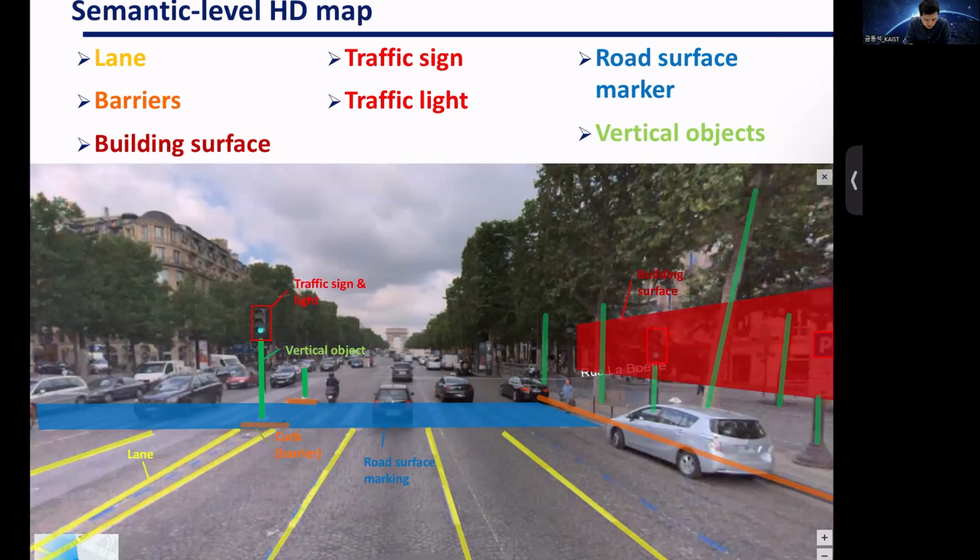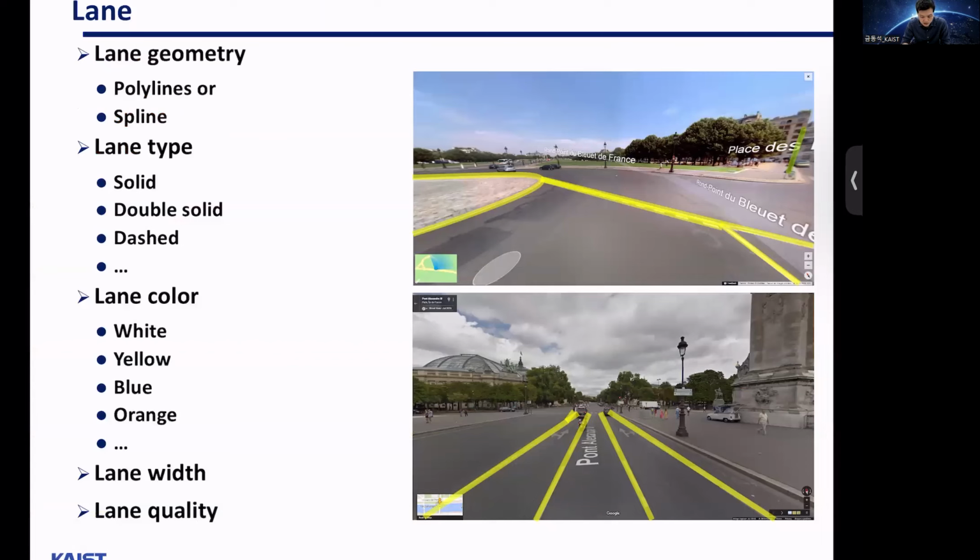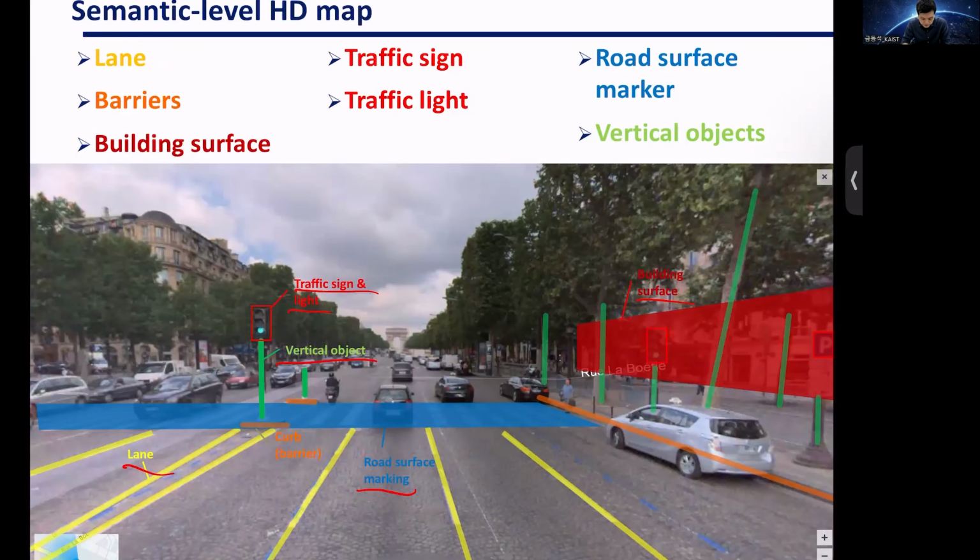So we have traffic signs, lights, vertical objects, lanes, road markings, building surface, and so forth. By using these landmarks, we can do localization, and to that we need to build landmark semantic level HD map.